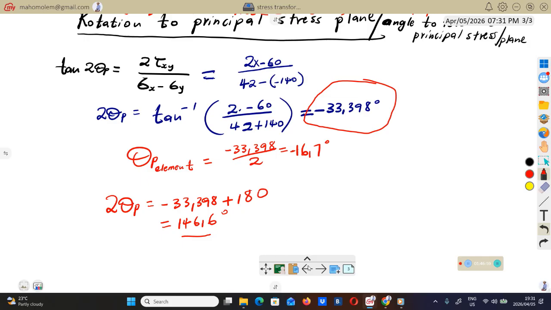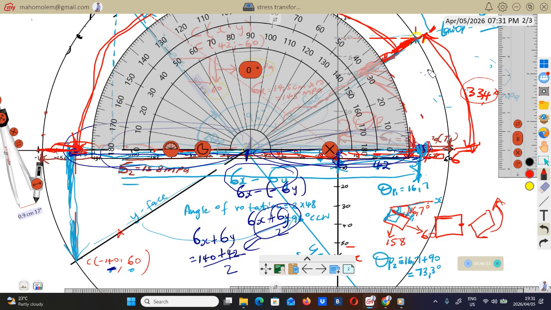So that positive answer is this one. Remember I said this one you rotate it anti-clockwise, and then we take anti-clockwise as what? As positive. This one you rotate clockwise. That's why we got negative 33. So it's just two options of making sure that this black line lies on this horizontal. So it's either you rotate it like this or like that.